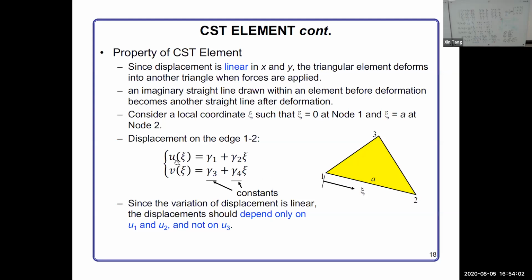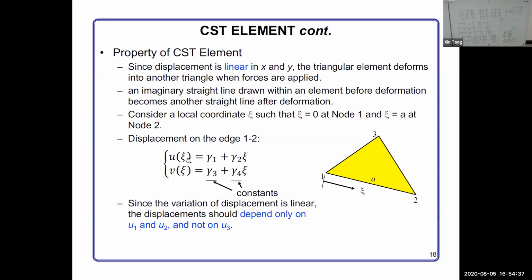Only the displacements at 1 and 2 are known, and the only variable is phi. Then U can be written as a constant gamma 1 plus a constant gamma 2 times phi. V can be written as a constant gamma 3 plus a constant gamma 4 times phi. So then it becomes much simpler.